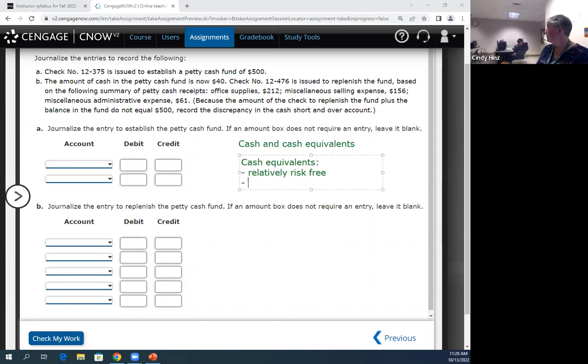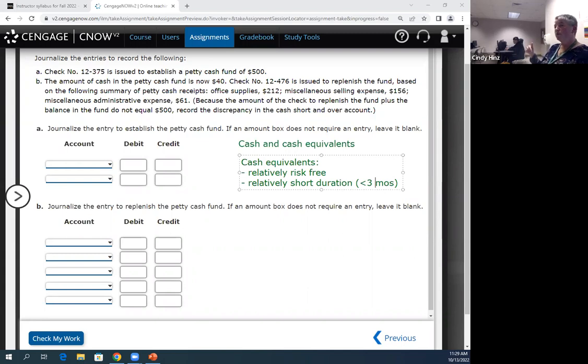Or it could be an investment in government bonds, as long as requirement number 2, relatively short duration. And that would be less than 3 months. Less than 3 months. So if you are putting the money into a certificate of deposit, the maturity length of that CD has to be less than 3 months from now.